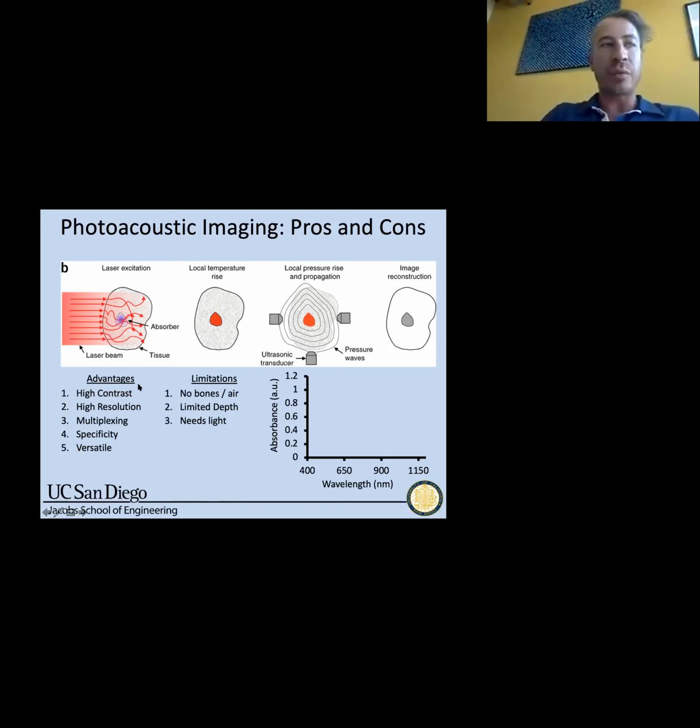But what we can do with photoacoustics is excite at 650, 750, and 850 nanometer light. Based on the differential absorbance of the tissue, we can get multiple color channels of information, okay? The pressure waves that come back will probably all be the same center frequency, but by exciting at different channels, we pick up a lot of information. So that's another really key point.